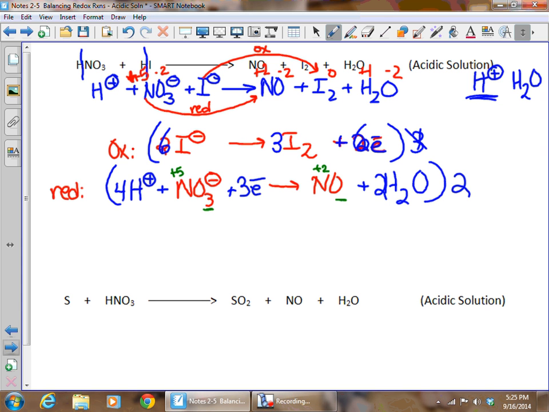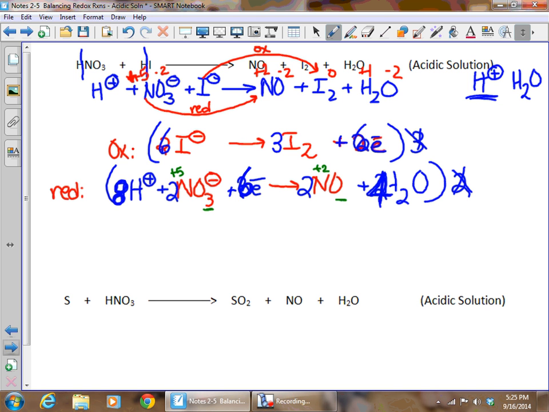That takes care of this. And the 2 is going to change my hydrogens to 8 hydrogens, 2 nitrates, 6 electrons, 2 NOs, and 4 waters. And that's going to take care of that too.